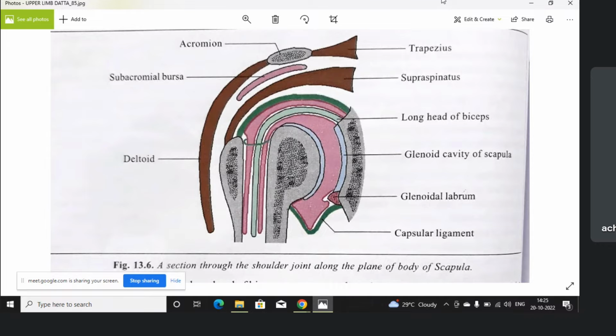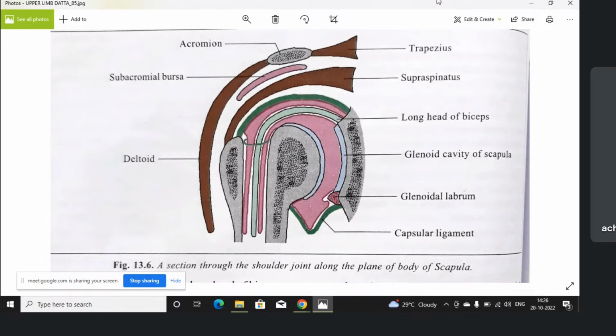The head articulates with the glenoid cavity of the scapula and forms a joint called the shoulder joint.